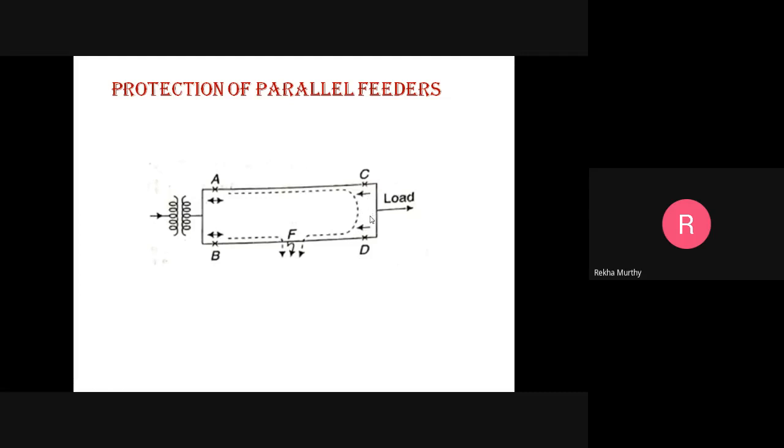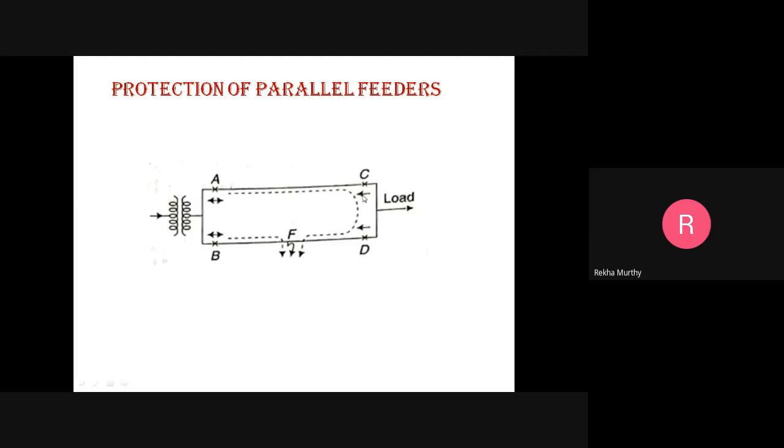For a fault on the feeders, the direction of current at A and B should not change. Hence, the relay used at A and B should be non-directional. At the source side, we have to prefer the non-directional relay.